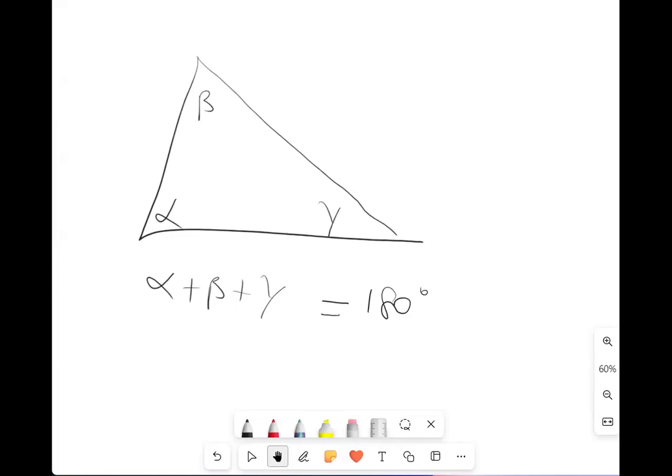That's a very popular property of triangles. Later on, we can use a compass on the computer, and you would see how they prove that these three angles actually add up to 180.